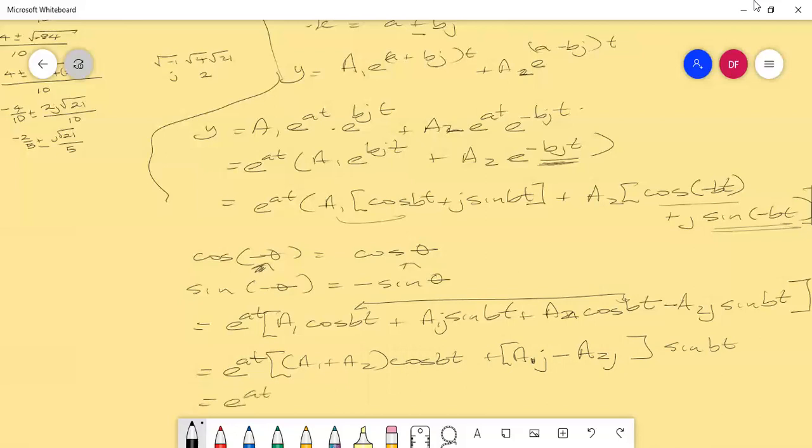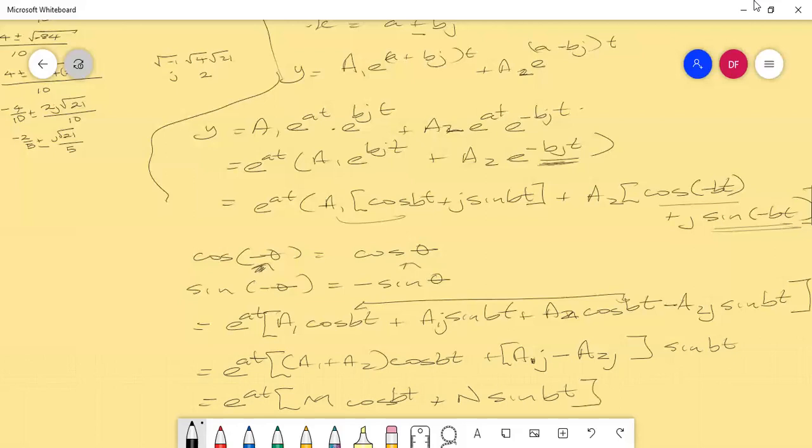So let's call a1 plus a2 equal to M. We don't care what M is. And a1 j minus a2 j is another constant, N. We're just calling it another number. We don't care what it is.